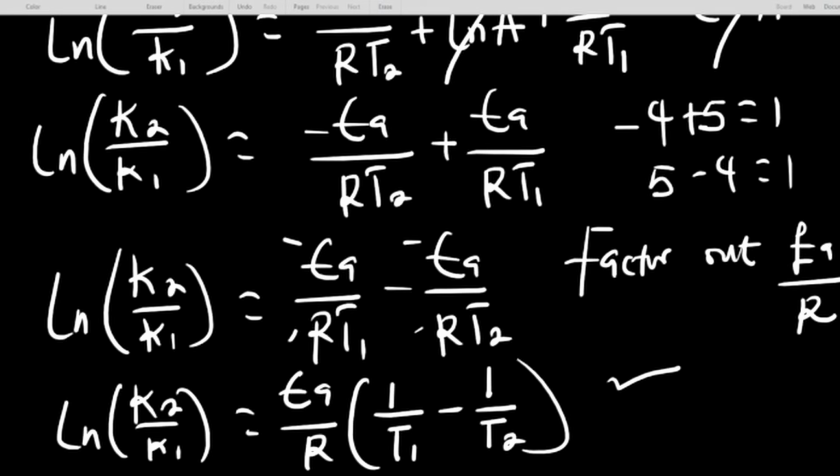And you need to understand that if, for example, you have a K2 on top here, then T1 must come first. If you have K1 on top, then T2 must come first.